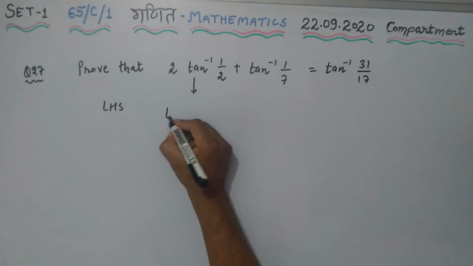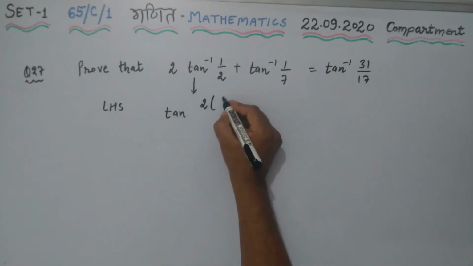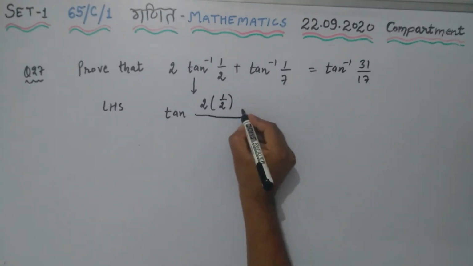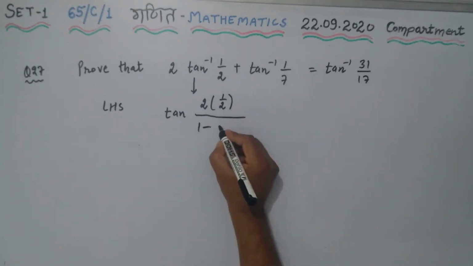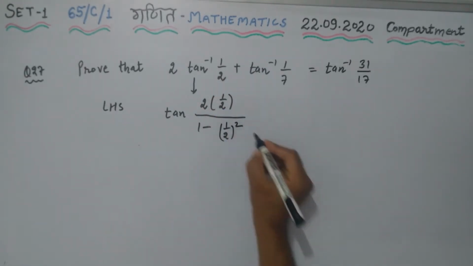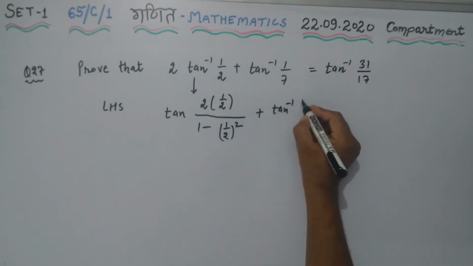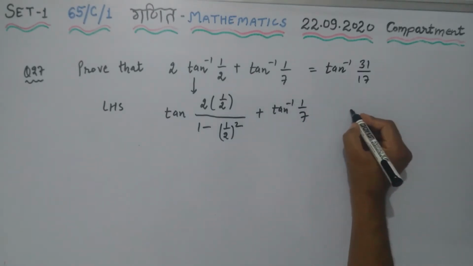We can convert this as tan⁻¹ of 2 times 1/2 divided by 1 minus (1/2) whole square, plus tan⁻¹(1/7). Why this?